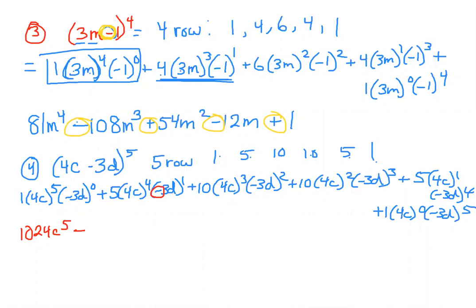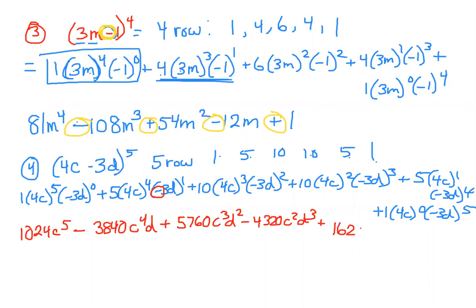So then this becomes 3840c to the 4th d plus 5760c cubed d squared minus, that one's got to be minus, 4320c squared d cubed plus, I'm going to go downhill here, 1620c d to the 4th minus 243d to the 5th. And that is the answer.